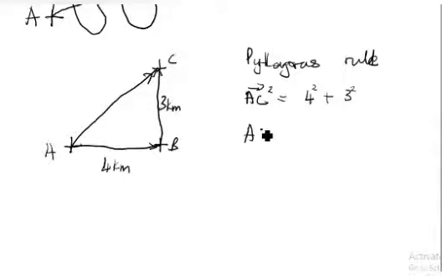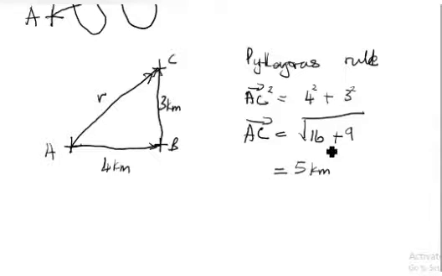Therefore the vector, that is the resultant vector, this R is also known as the resultant vector, equals the square root of 16 plus 9. The answer is 5 kilometers. If you add this, it gives you 25, and the square root of 25 is 5.